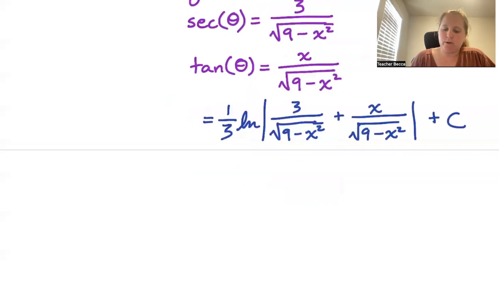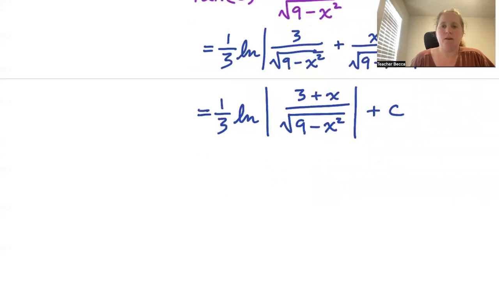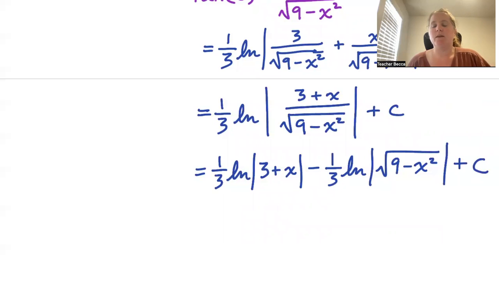We can pull the same trick we pulled previously. This is 1/3 times the natural log of the absolute value of 3 plus x over the square root of 9 minus x squared, plus c. We can split division inside the natural log as subtraction outside. This becomes 1/3 times the natural log of the absolute value of 3 plus x, minus 1/3 times the natural log of the absolute value of the square root of 9 minus x squared, plus c.